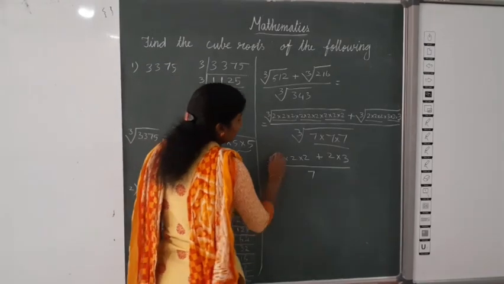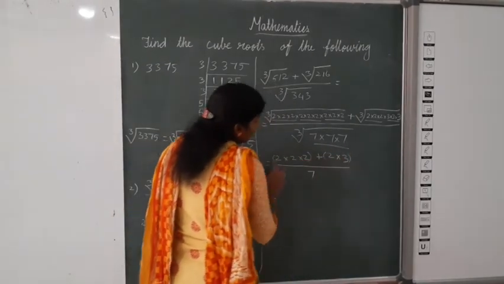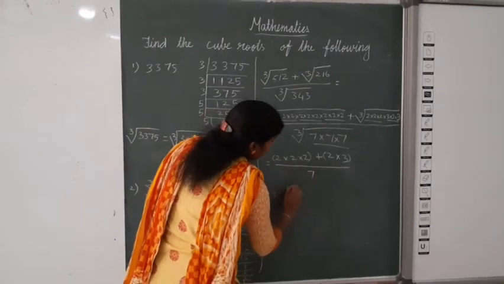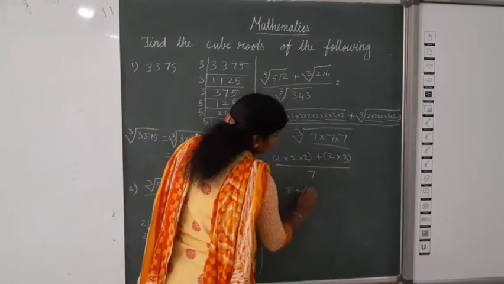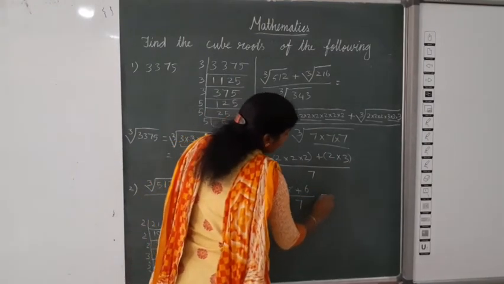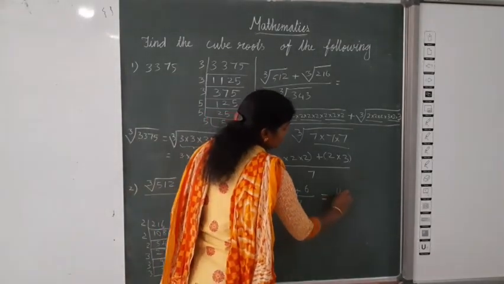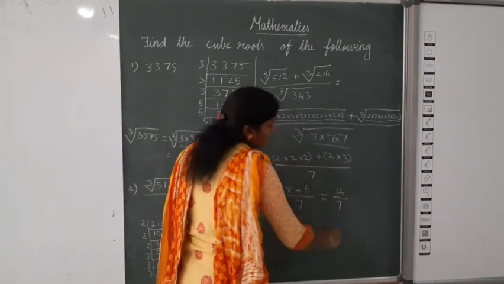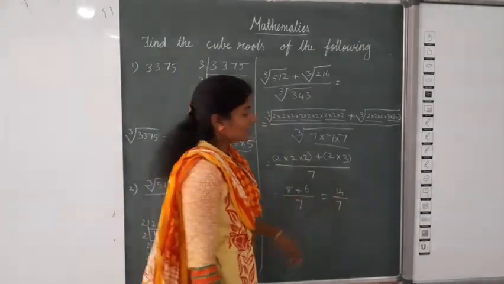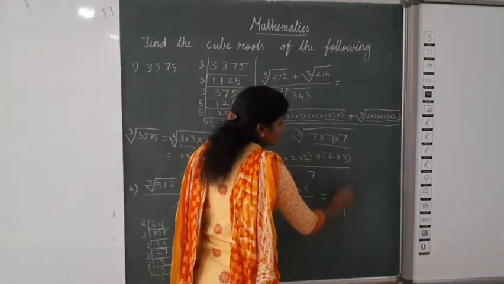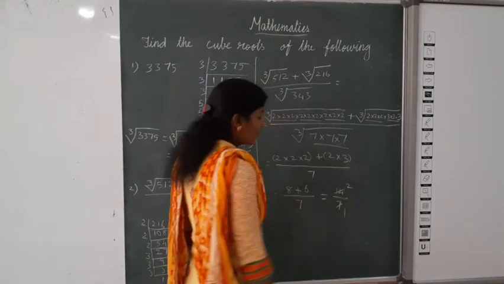Okay. Now we can multiply these 3 numbers. 2 2s are 4, 4 2s are 8. 8 plus 3 2s are 6. 8 plus 6 by 7 equal to 8 plus 6 is equal to 14 by 7. Now 14 and 7 in same table, so we can cancel it. 1 7 is 7, 2 7s are 14.